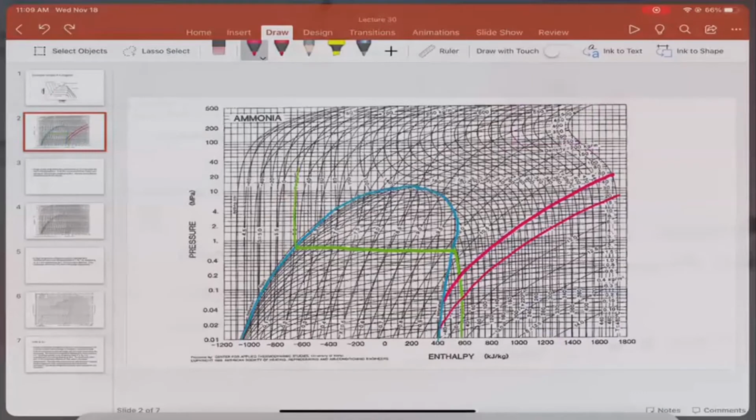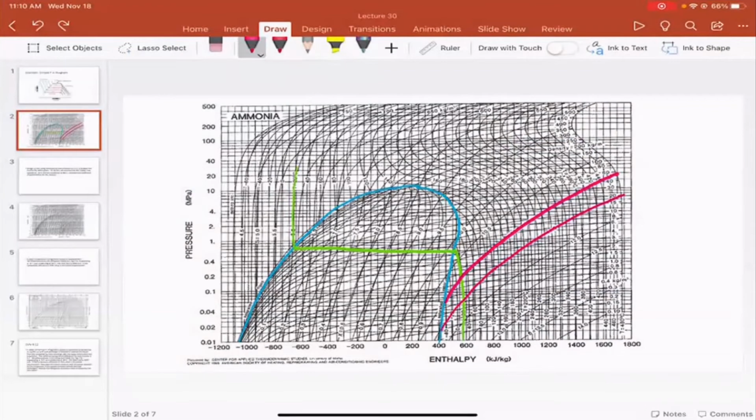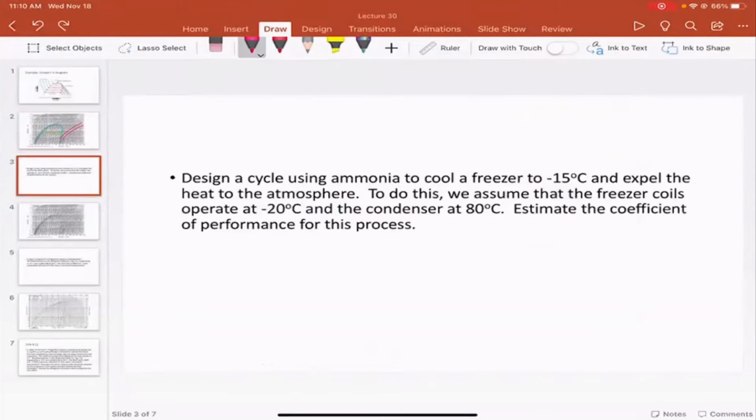So if that's the case, I'm certain you're not yet comfortable with pH diagrams because you haven't actually seen one used. But if you guys kind of get what we're doing in the cycle, let's solve a couple of example problems. And hopefully that can help you guys to become a little bit more comfortable with the pH diagram. And then of course you'll have some practice with it on the homework.